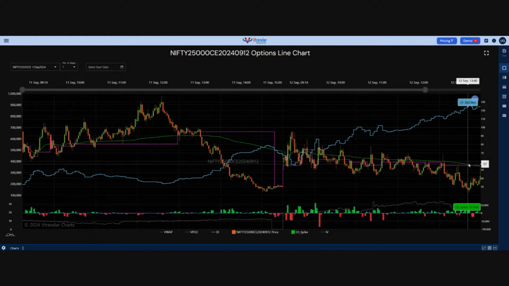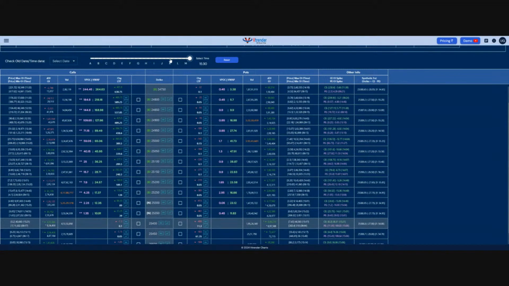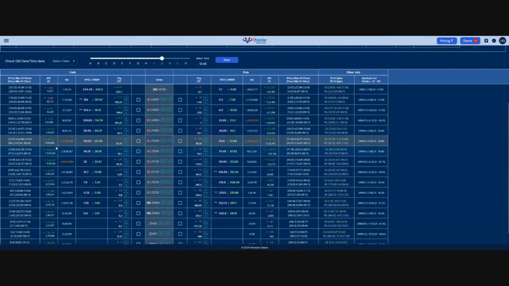At that point of time, the POC and the VWAP were at this reference. The same thing we can do because 145 is what we need, so we go back to the 145 slot, and when we see this 25,000 call open interest, you can see it is matching 9 lakh, and the star is shown because that is the highest of the day.